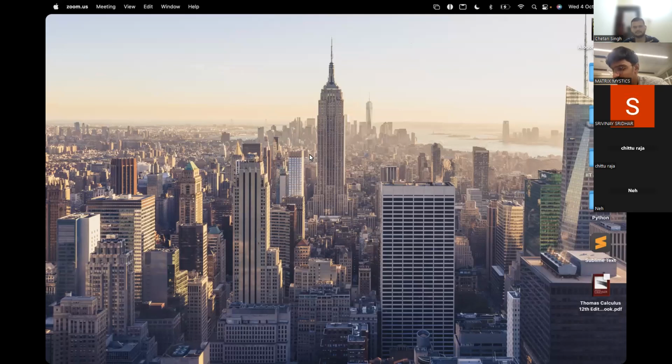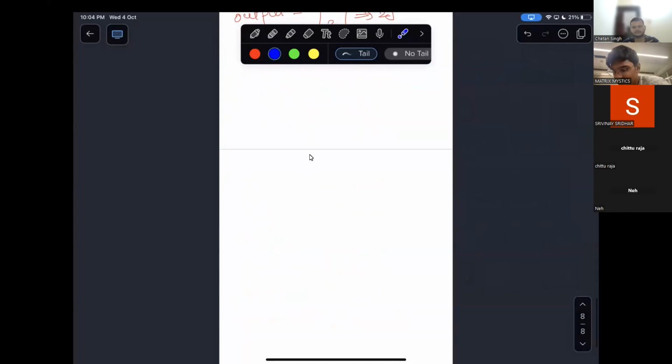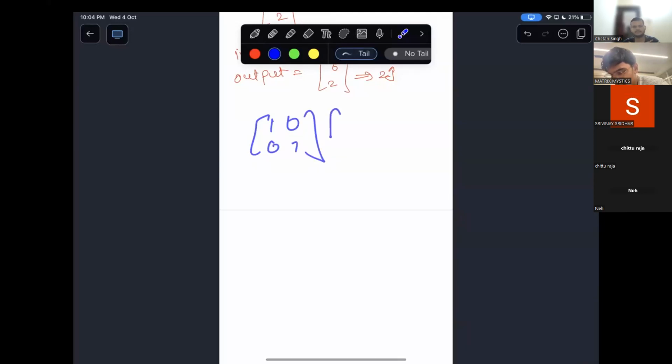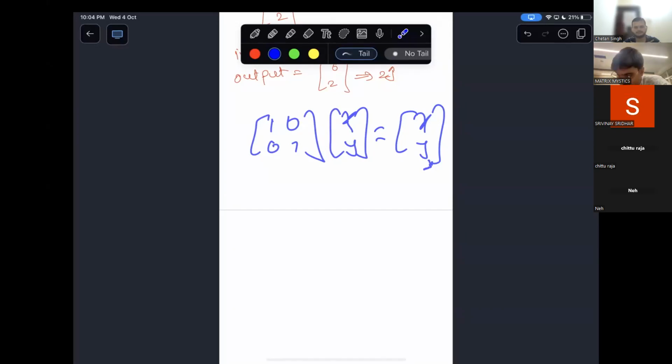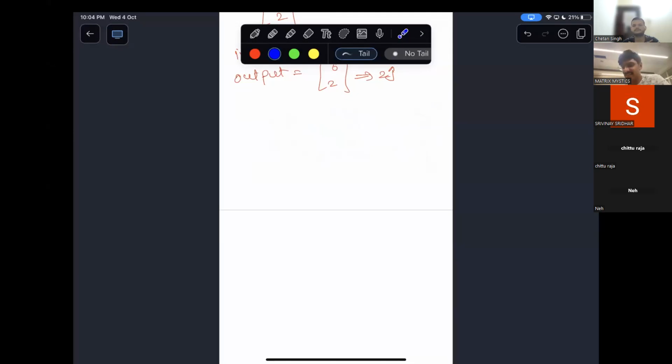So basically there is no difference between red and blue coordinates, right? That's why when we multiply 1 0 0 1 with any vector x y, it remains x y. Am I clear about this? Yeah, pretty clear.